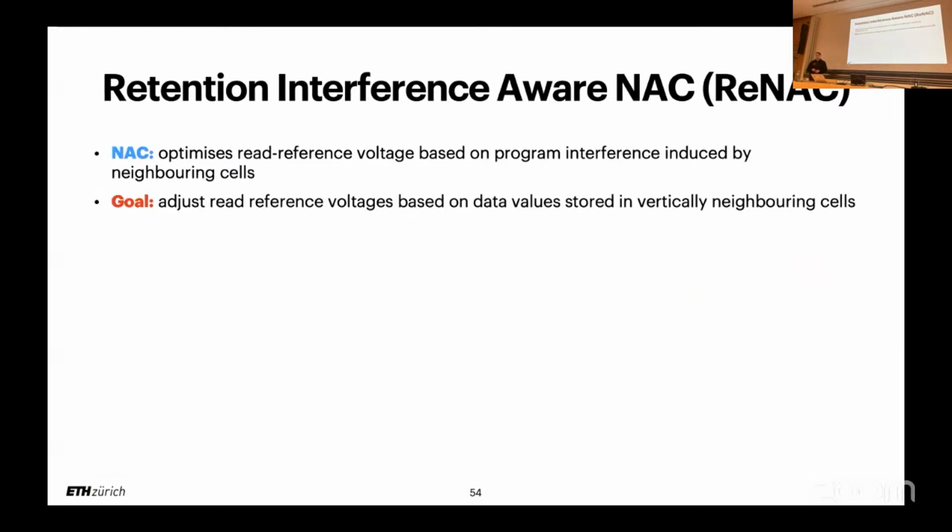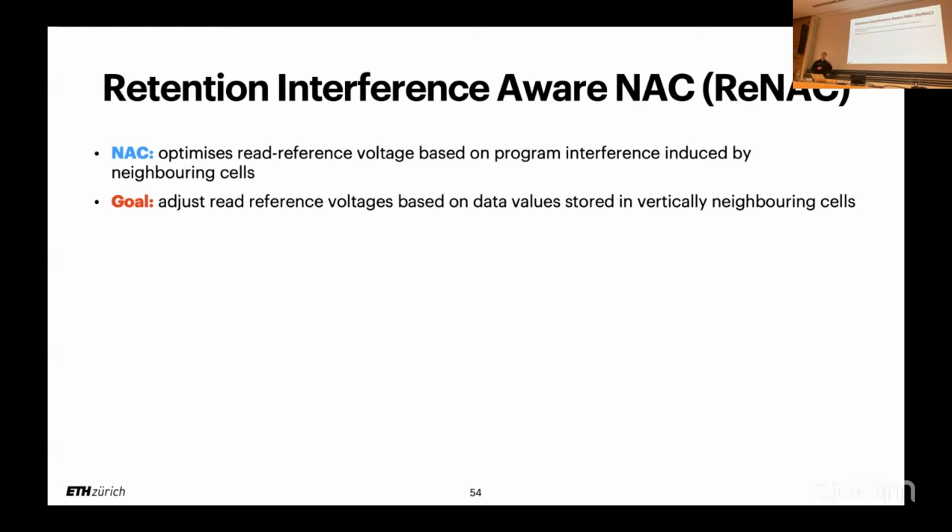Now, Reac, which is the final mitigation strategy, this is basically retention interference aware NAC or NAC, which is basically a technique developed in previous works where the read reference voltage is adjusted based on the state of neighboring cells.